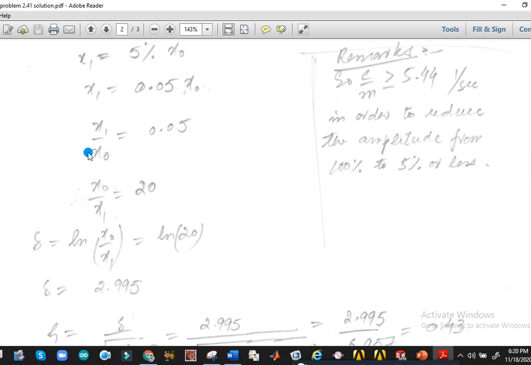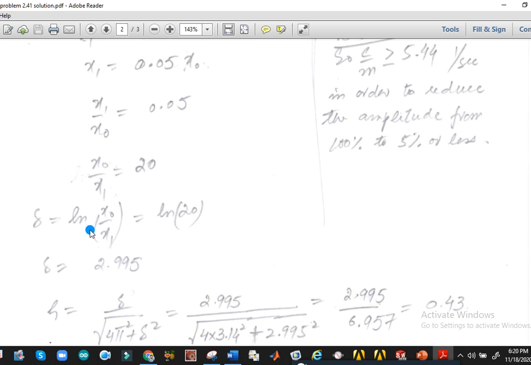So first of all we will find the value of zeta. We can find zeta from the logarithmic decrement method. According to this method, the natural log of two successive amplitudes is equal to the logarithmic decrement, and then from the logarithmic decrement we can find the value of zeta.